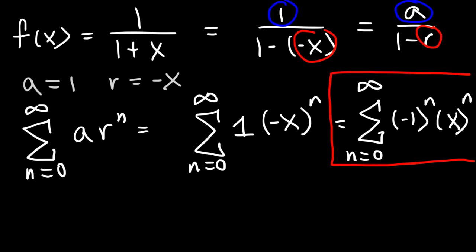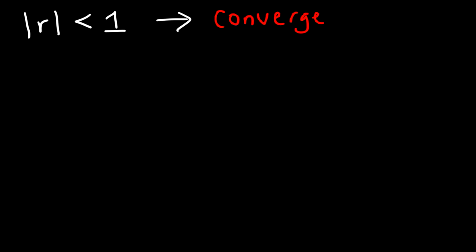Now there's still a few more things that we need to do. The next thing is we need to find the interval of convergence. So how can we go about doing that? So recall that the absolute value of the common ratio has to be less than 1 in order for the geometric series to converge. Now we know that the common ratio is negative x.